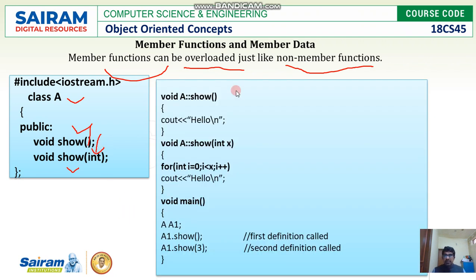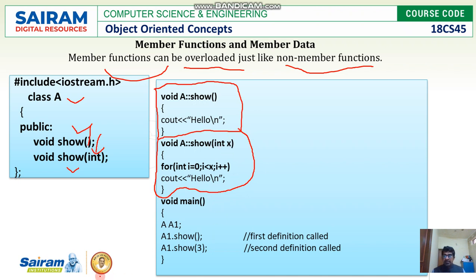So let us see what the main function for this is. We have taken the definition for this, so we have to define show. The first one without a parameter is going to be like this, and the second show with a single parameter is going to be like this.